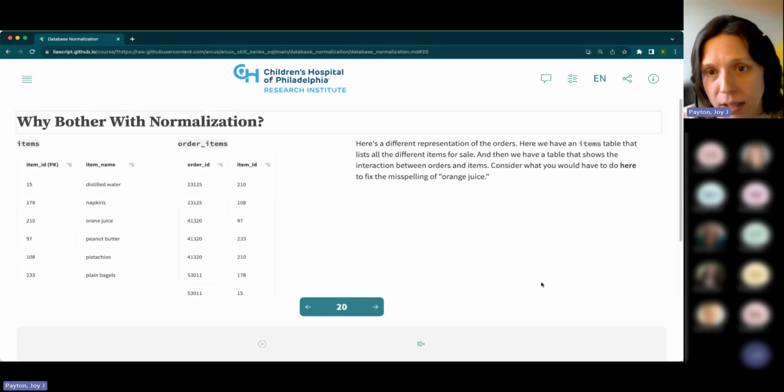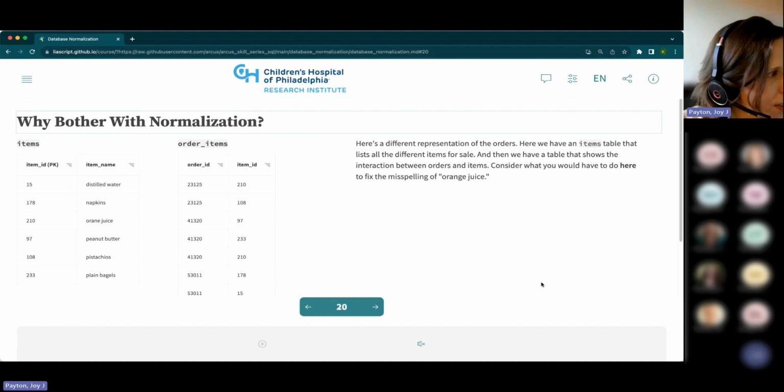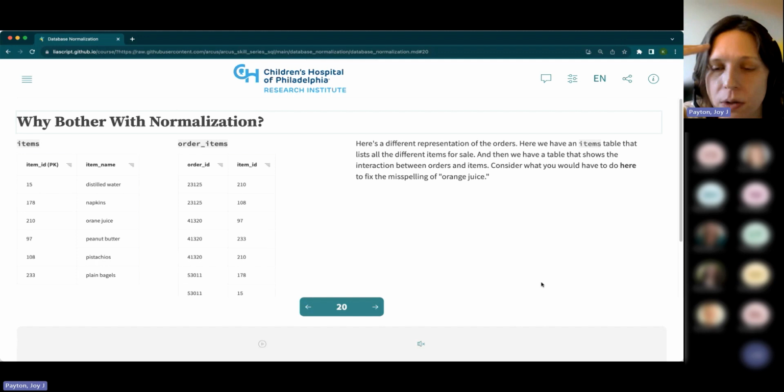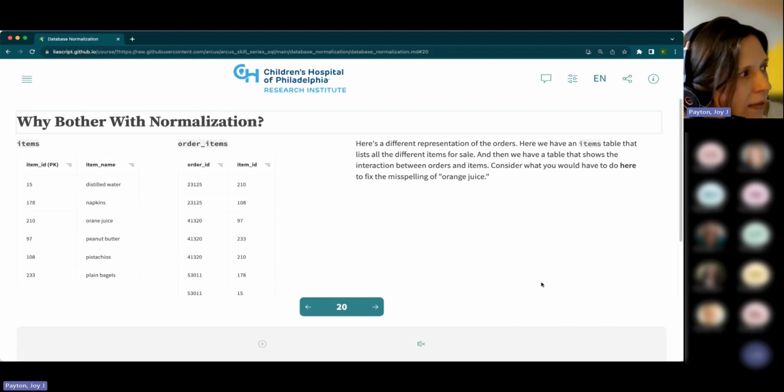And here's a normalized way of looking at this data. Yes, it's in 2 tables, which may be, again, a growth area. It may be something that you're not accustomed to. But importantly, our orders here are described in a table, and we have this order items where we have an order ID, and we have multiple rows. For this order, we sold this item, and this item, and this item, and this item, and this item. And we only have one place where the misspelled orange juice appears, and that is in the items entity table, right?